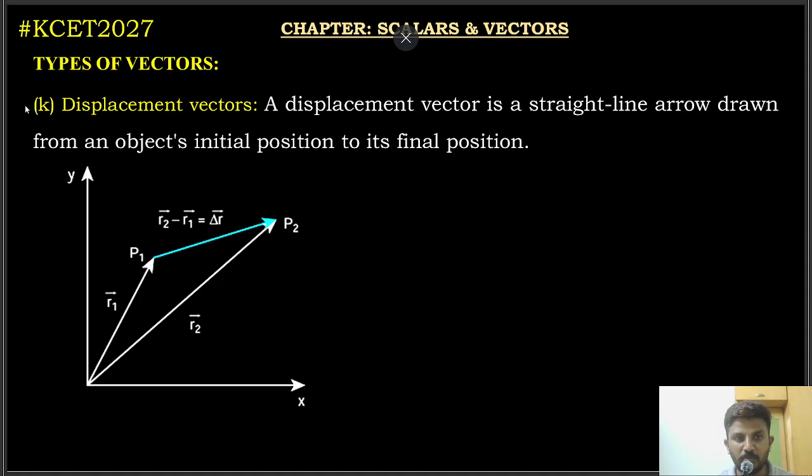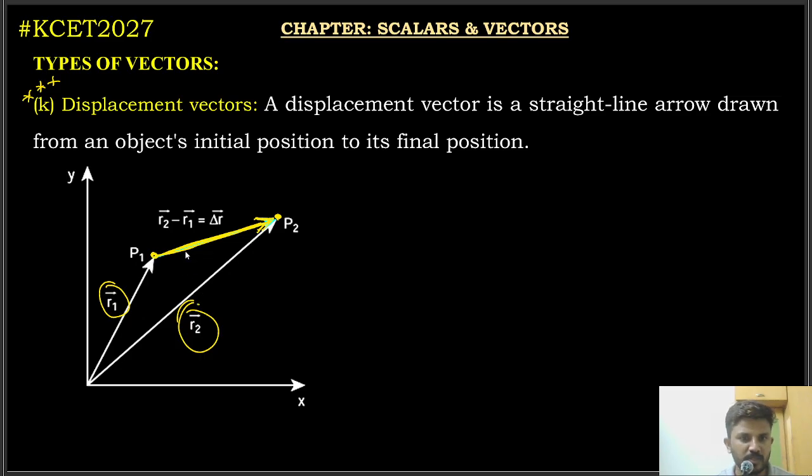And we have one more important thing, that is the displacement vector. Let's consider there are two particles here. The position vector of particle 1 is r1. The position vector of the second particle, p2, is r2. So what is the displacement vector? The distance between these two, taken along this straight line, will give you the displacement. That is r2 minus r1.